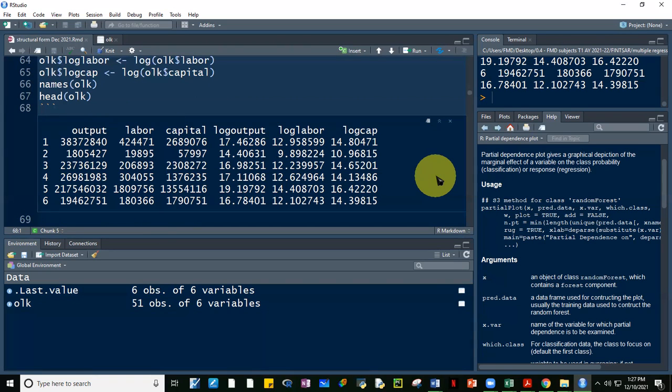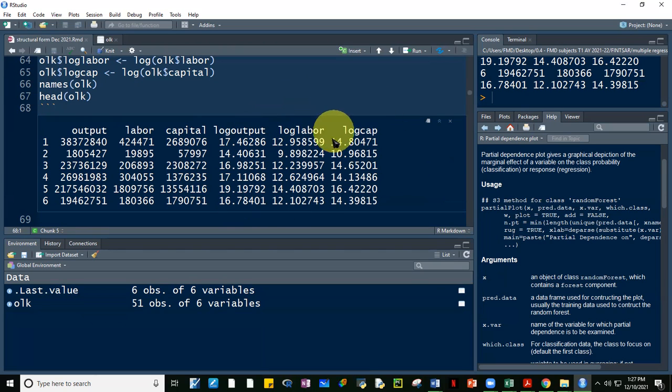For example, there are certain variables that normally kinukuha talaga yung log. Kunyari, population, GNP, GDP, no? Yung mga macroeconomic variables na ganun, since they are usually huge numbers, it's best to work with logarithm. Linolog talaga yan. So we have the log of the output, log of the labor, and the log of the capital.